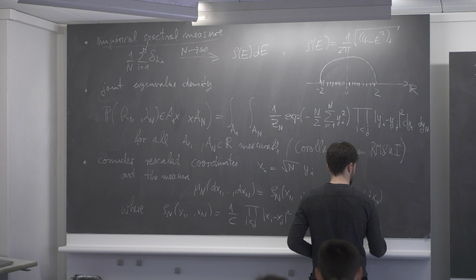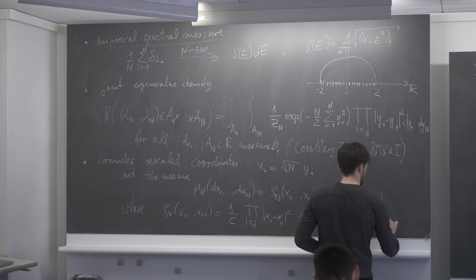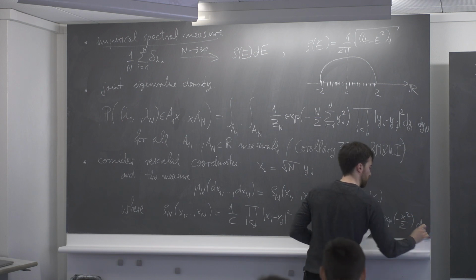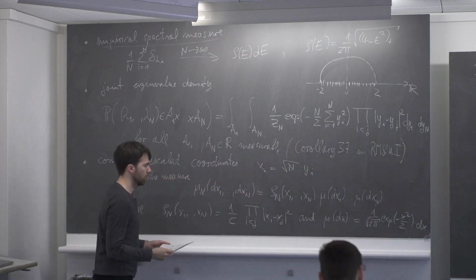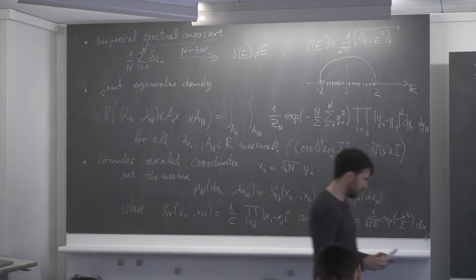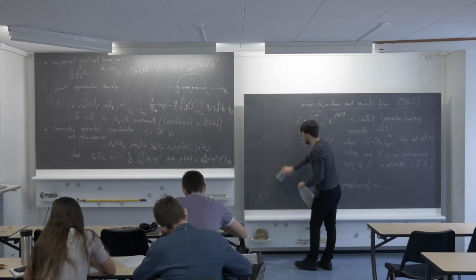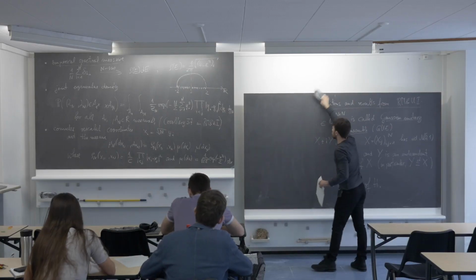It's 1 over square root 2 pi, exponential minus x squared over 2, dx.